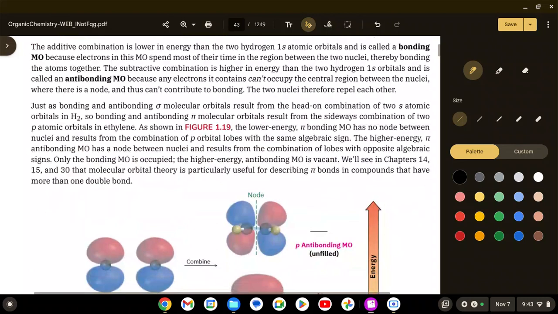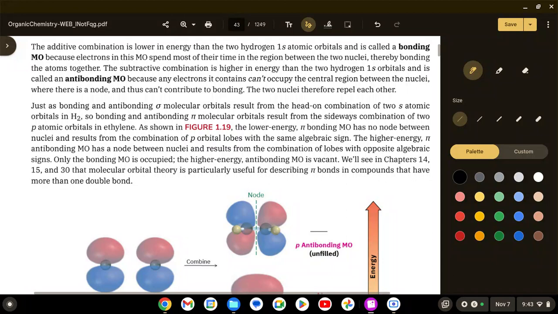The additive combination is lower in energy than the two hydrogen 1s atomic orbitals and is called a bonding MO because electrons in this MO spend most of their time in the region between the two nuclei, thereby bonding the atoms together.